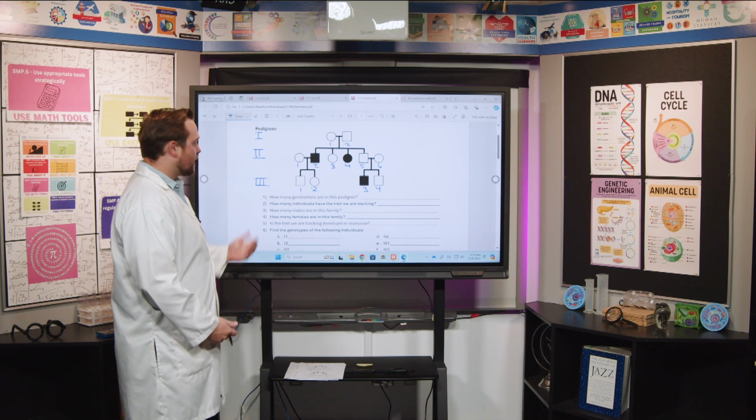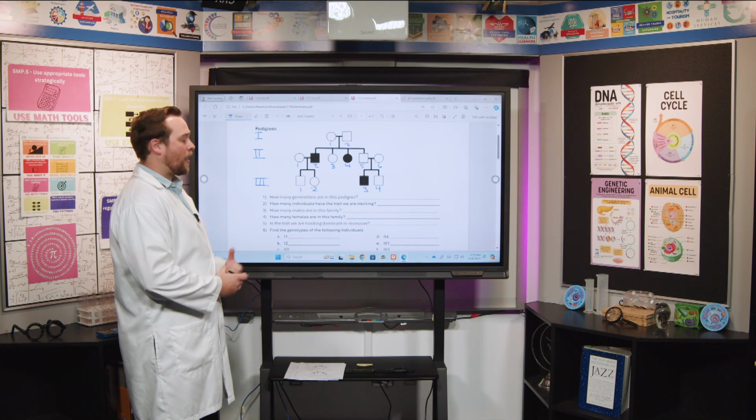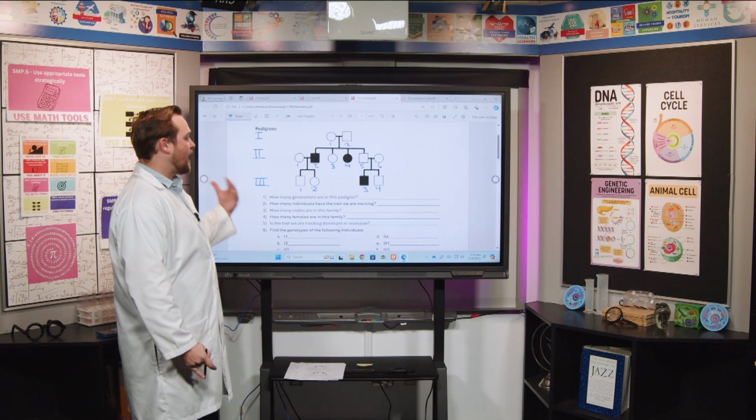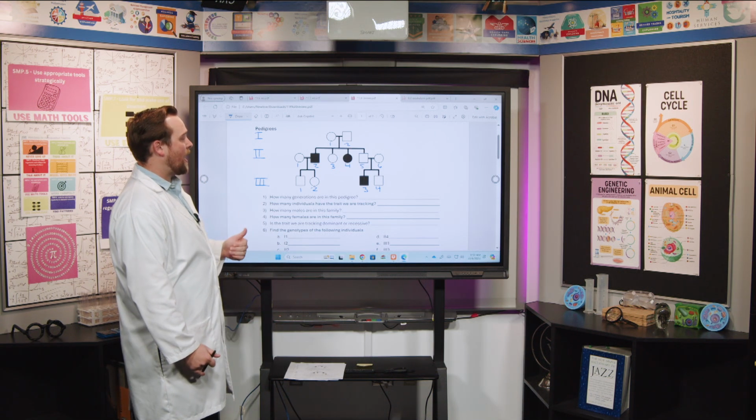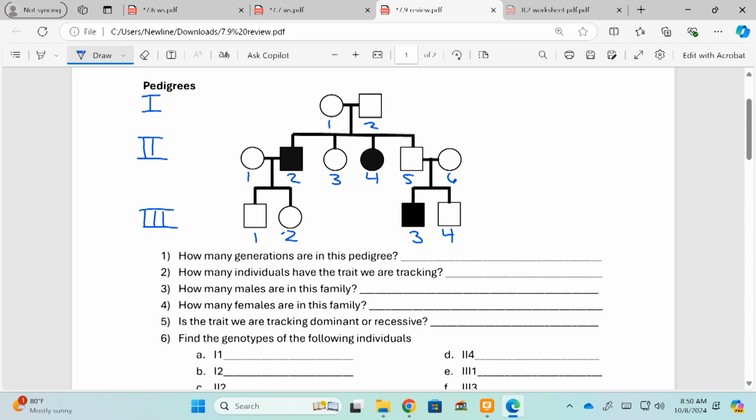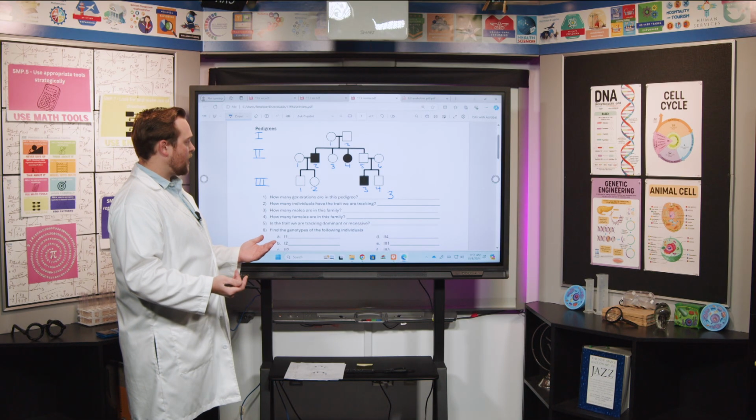Okay, great. So let's go ahead and look at the questions and see if we can figure out what's going on. Number 1 says, how many generations are in this pedigree? Well, we can see here that there's 1, 2, 3 generations. So that'll be the answer to number 1. Number 2 says, how many individuals have the trait that we are tracking? Does anyone know just by looking at this picture how many individuals have the trait?